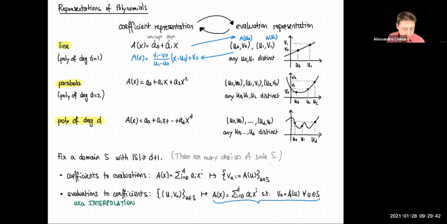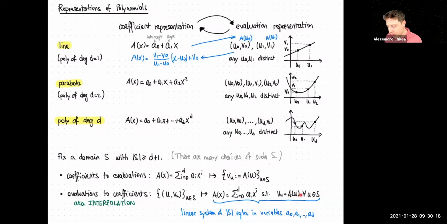But in general, if you don't want to know necessarily what Lagrange interpolation is, I'll just say that this is just a linear system of S equations in the variables a0, a1, up to ad, because you want to find the a_i such that these things hold, okay?